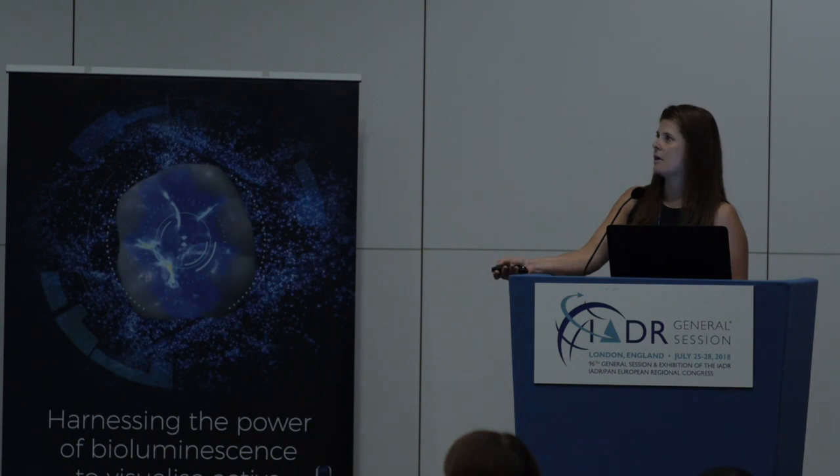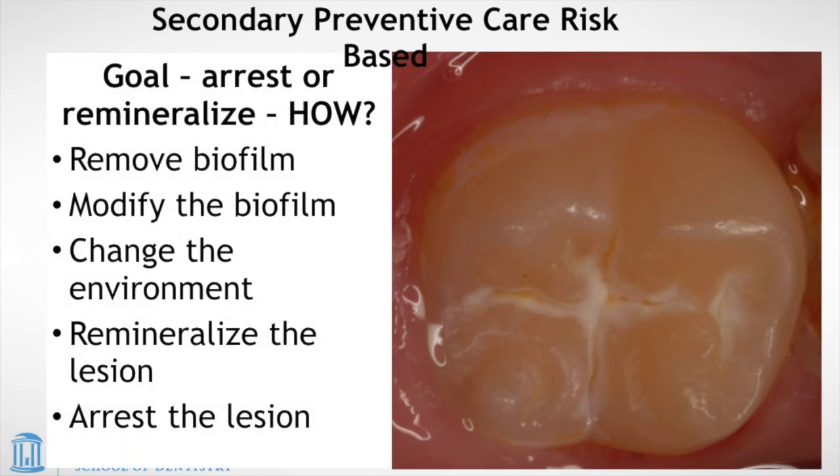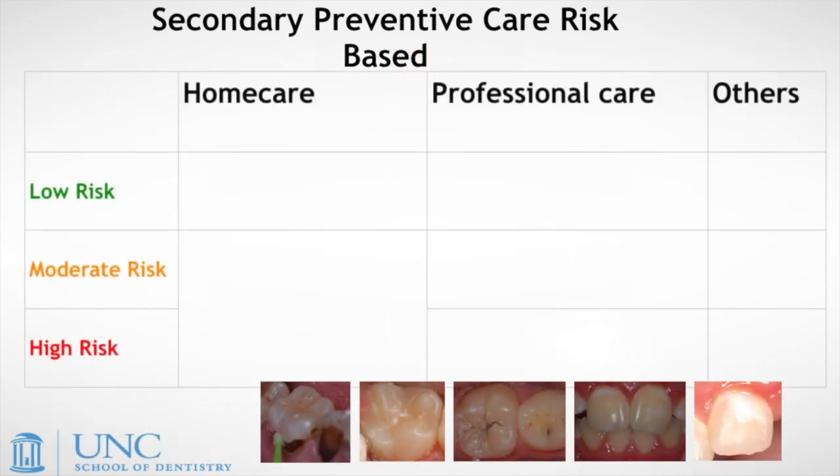Secondary preventive care is risk-based, also looking at when there is already a lesion. And the goal, of course, would be to remineralize or arrest this lesion, and there are several methods that you could use. You could remove or modify the biofilm, change the environment by placing a sealant, remineralize the lesion or arrest the lesion.